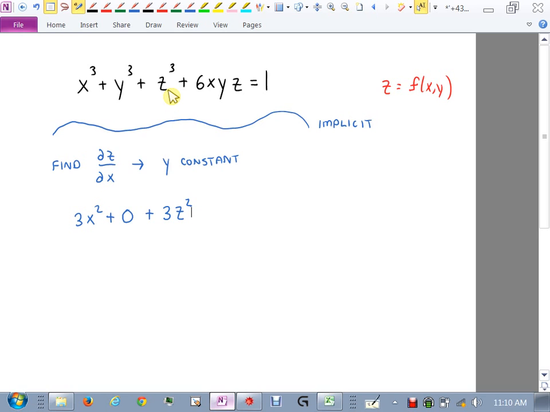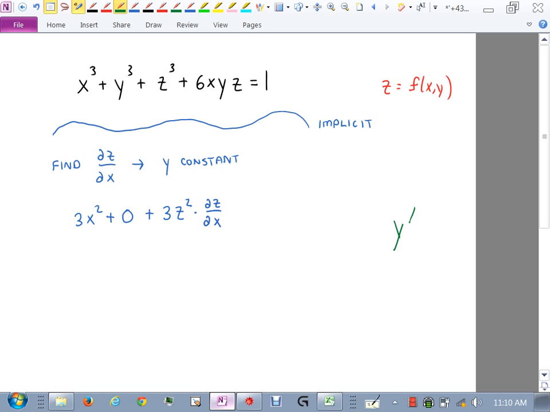We won't say dz/dx. We'll say partial z with respect to x. So times partial z with respect to x. Do you see why the prime notation is not good here? What does the prime notation not tell you? This says the derivative of y, right? What does it not tell you?